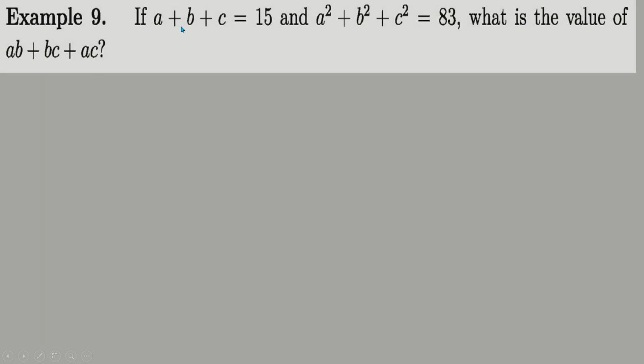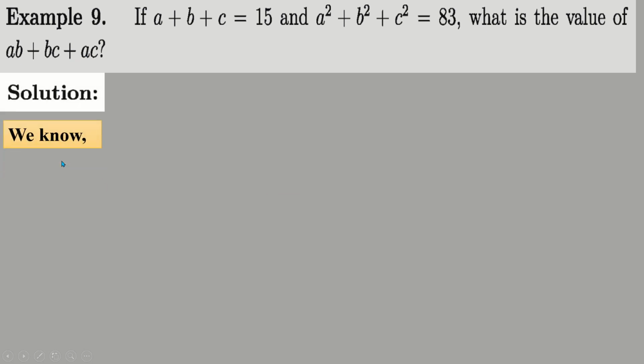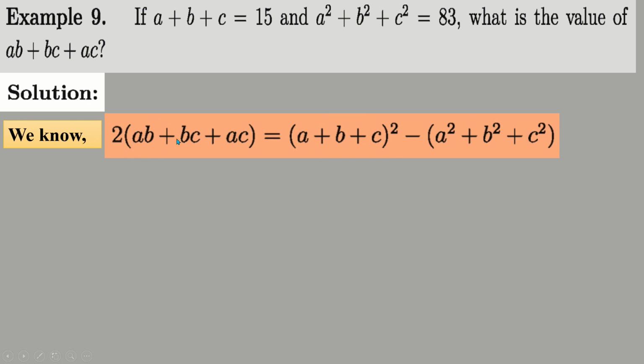Example 9. If a plus b plus c is equal to 15, and also a square plus b square plus c square is equal to 83, what is the value of ab plus bc plus ac? Solution: we know 2 into (ab plus bc plus ac) equal to (a plus b plus c) whole square minus (a square plus b square plus c square).